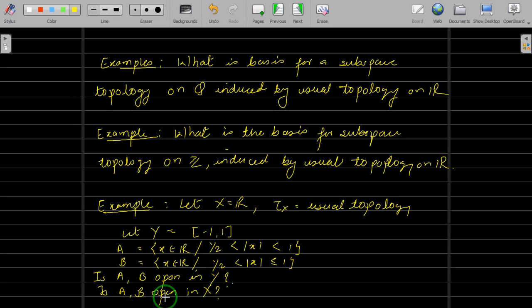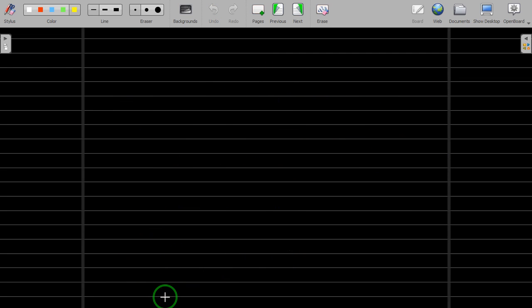Alright, so let's go for the next concept, which is called a product topology. You understand this? We are going slowly. The product is the same thing as what we do in the Cartesian product. Again, there is something called the cofinite topology.